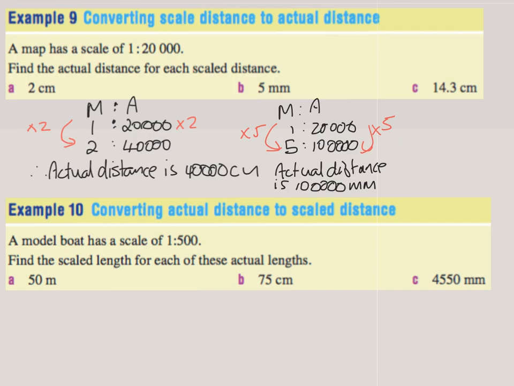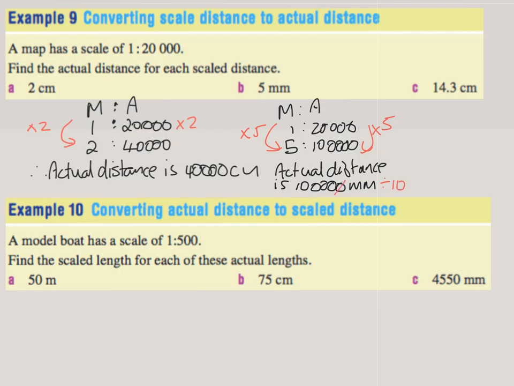Now, something that you have to remember is that we don't want to leave answers in unrealistic ways. So nobody's going to say, well, the actual distance is 100,000 millimeters. So we will have to convert it back to a sensible unit. To go from millimeters to centimeters, I'm going to divide by 10.